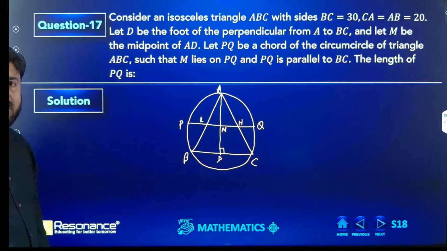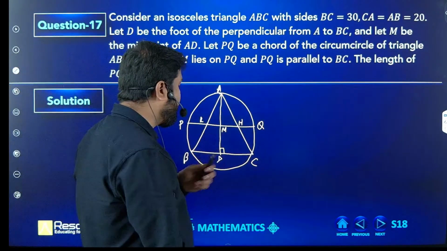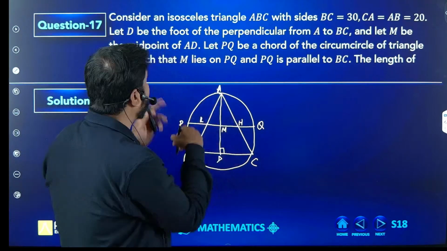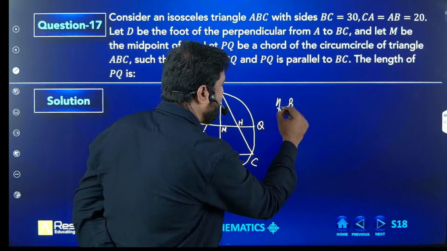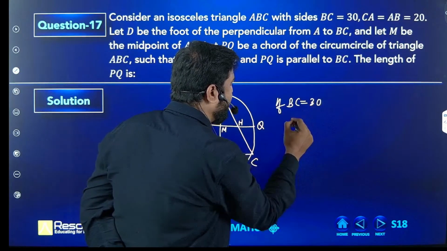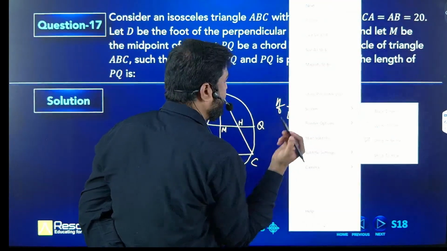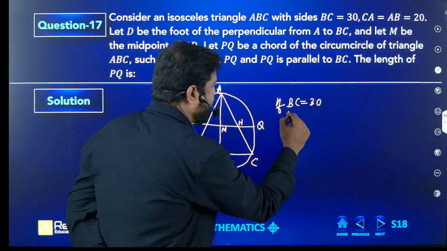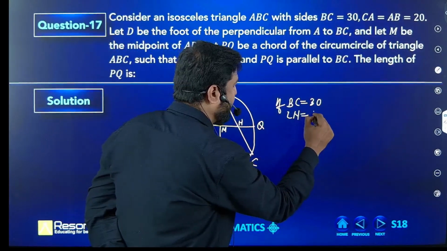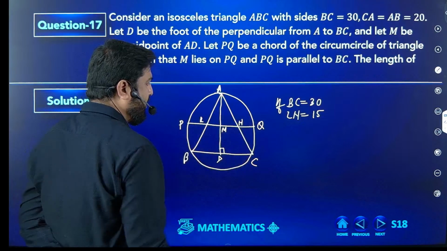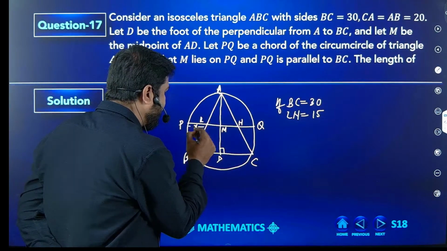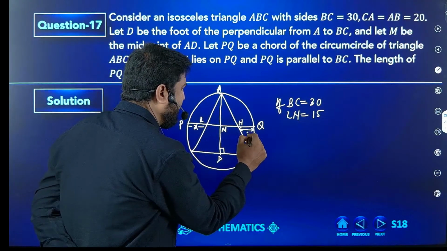You know that, according to the midpoint theorem, BC is given as 30, so LN is 15. Now you find the length of PQ, so I'm considering this length as x and this also as x.